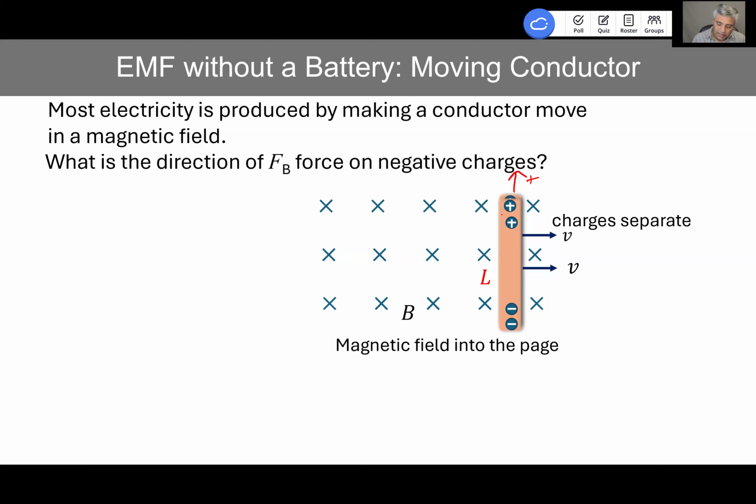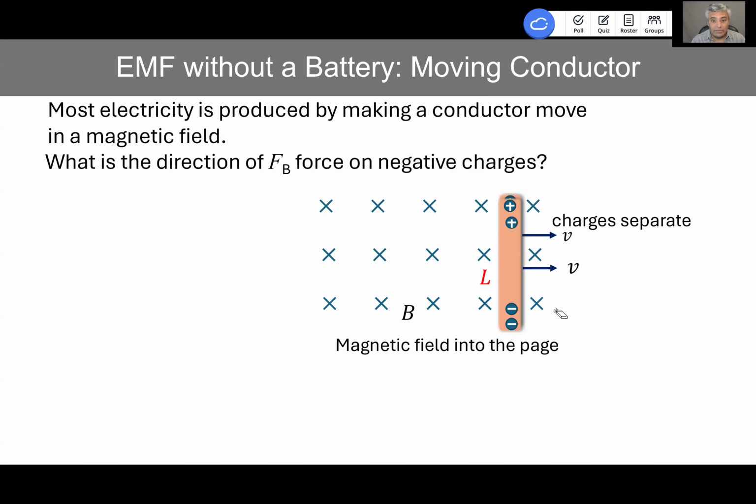So the electrons are going to move to this side because they are experiencing force. Of course, the positive charges also experience force, but they cannot move. But since some of the electrons left, there is now more positive charge. So that's how the charges separate in a conductor, just like we have in a battery.